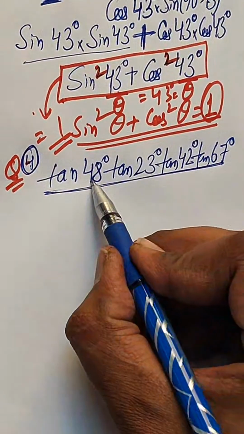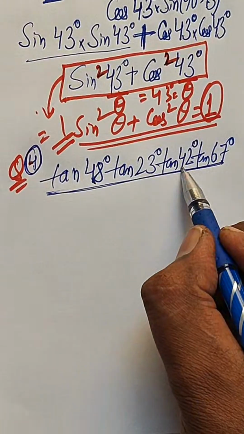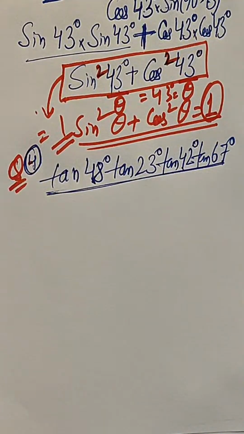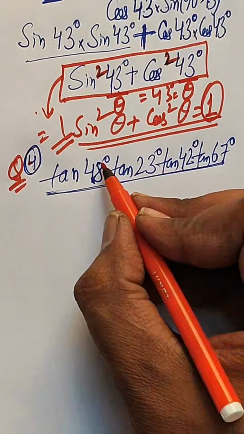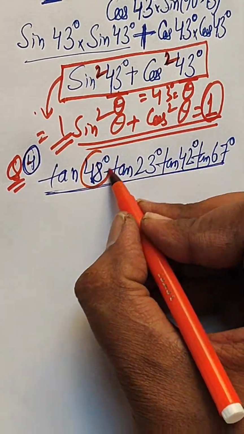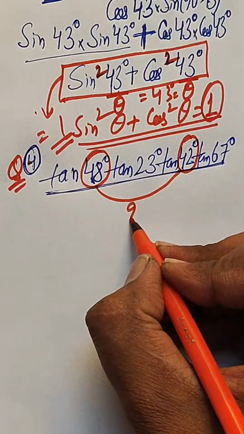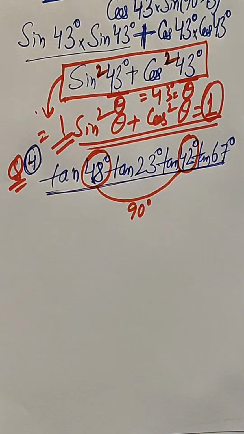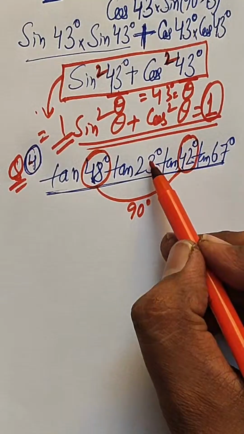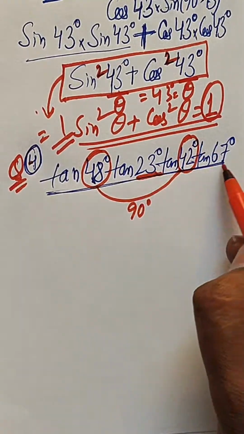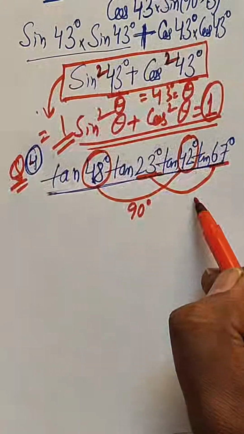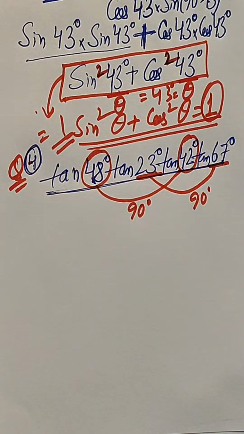We know that 48 plus 42 becomes complementary, right? 48 plus 42 is equal to 90. Similarly, this 23 and 67 is also equal to 90.